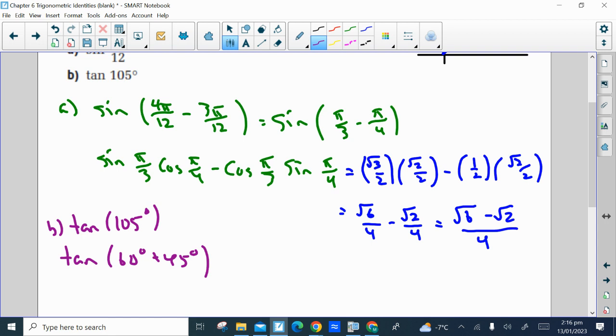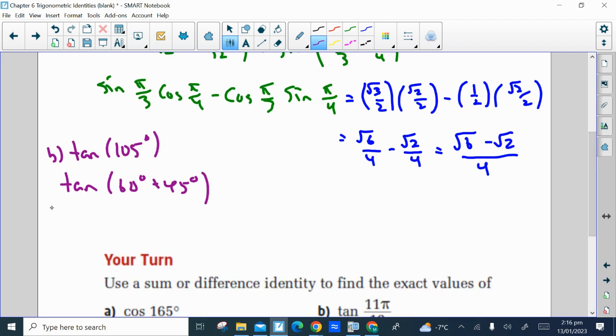They add together to get 105, and they are both on the unit circle. So now we have to use the sum identity for tangent. The tan of A plus B is tan of A plus the tan of B, all over 1 minus tan A times tan B. That's on the formula sheet.